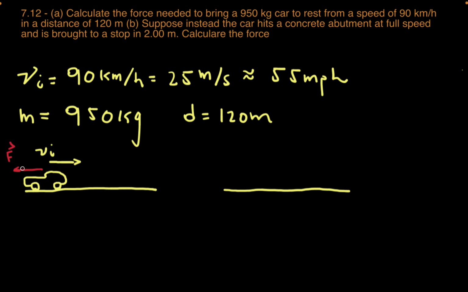It points this way, right? And then it will get to a point where the car has stopped. So let's say stopped here. So velocity here is 0, final.